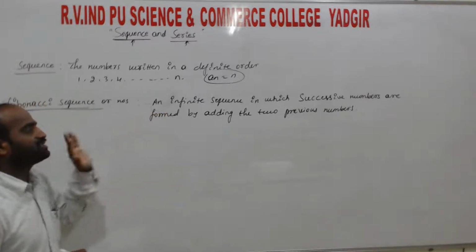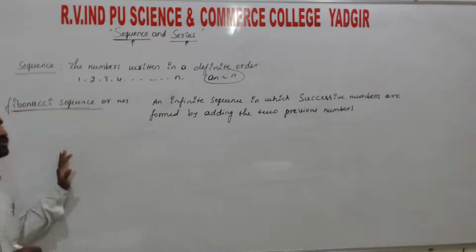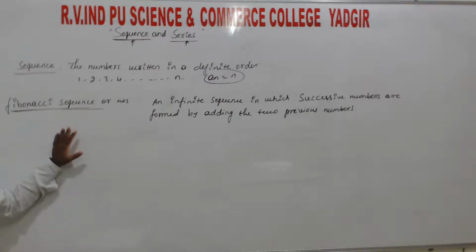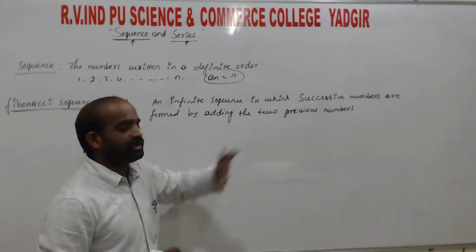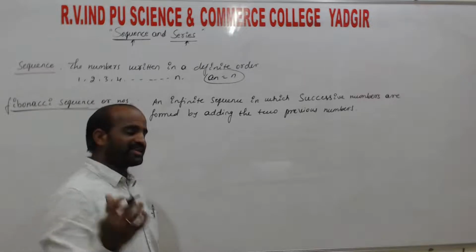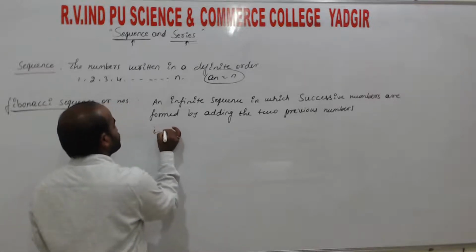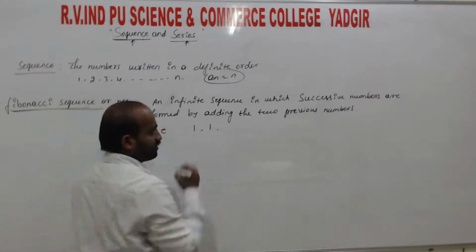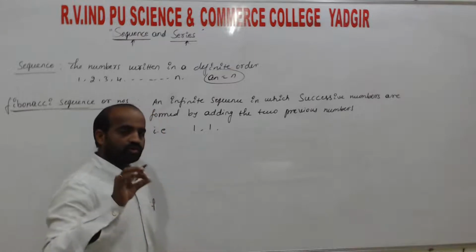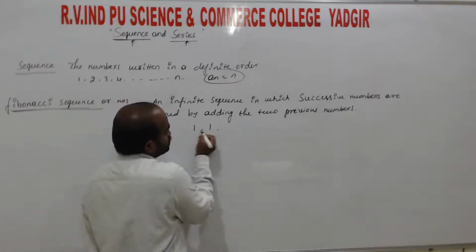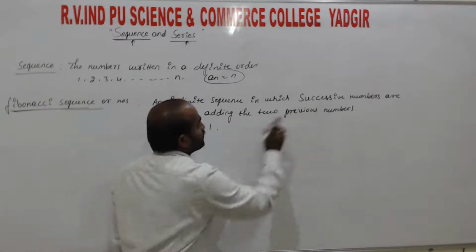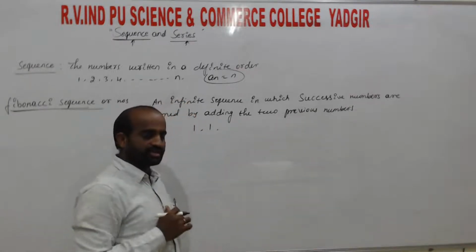An infinite sequence in which successive numbers are formed by adding the two previous numbers. The first number and second number are 1, 1. That is 1 comma 1, A1 equal to A2 equal to 1 only. Next, adding the two previous numbers is called the Fibonacci sequence.